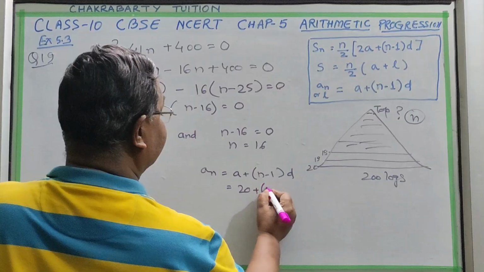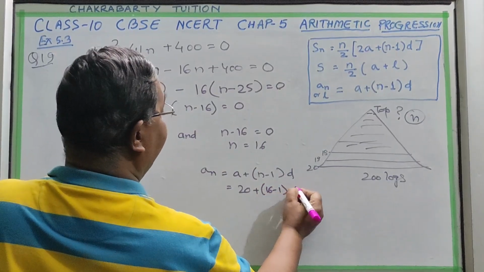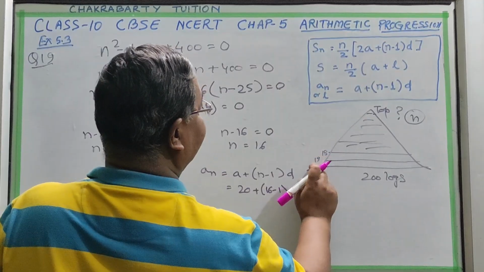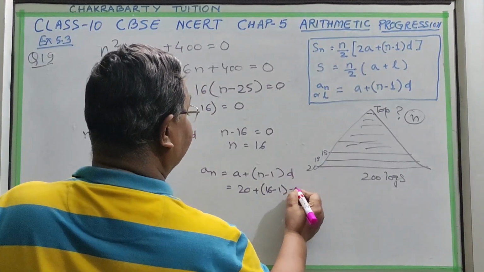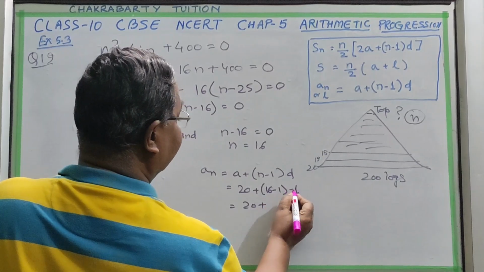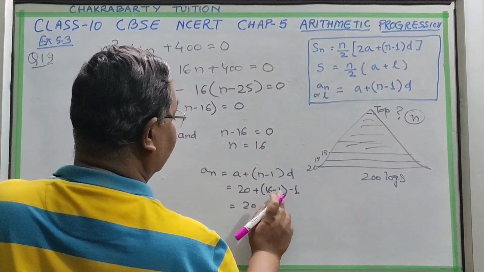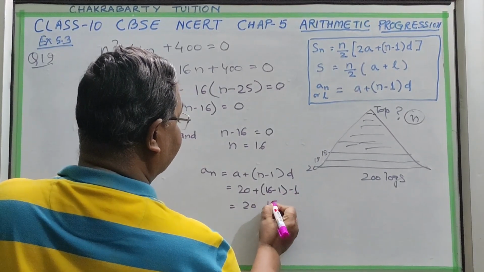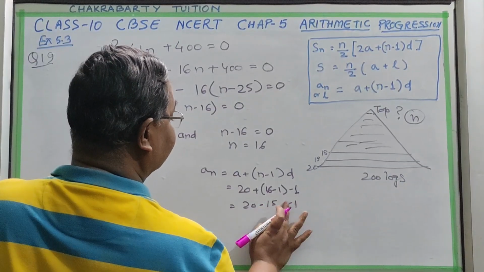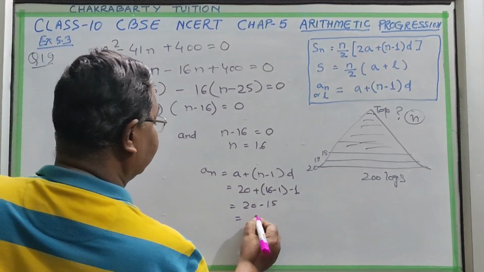If we take 16 minus 1 times d, we find 19, 18, like this it is reducing, so d is minus 1. So here 20 plus 15 into minus 1. This sign will become minus and it will go out. Okay, so here it becomes 5.